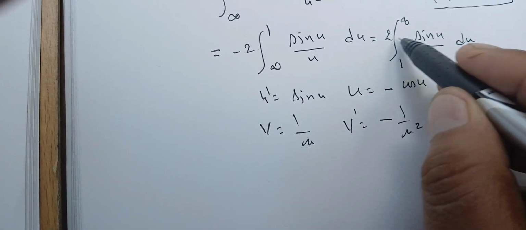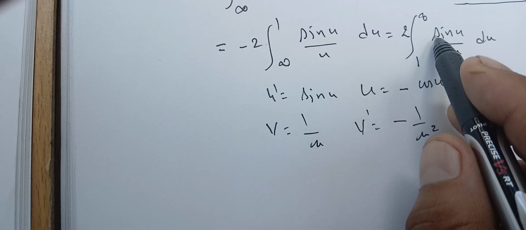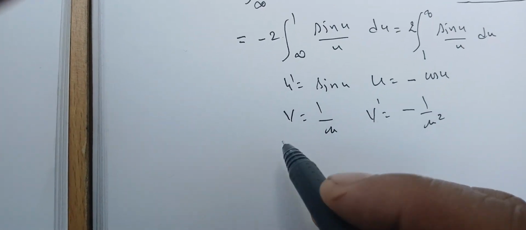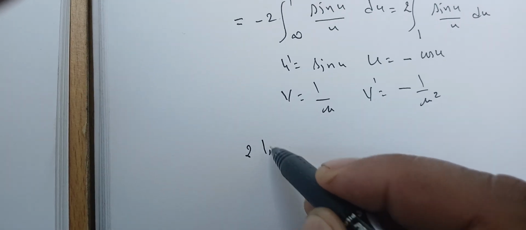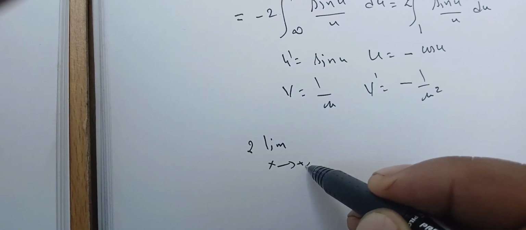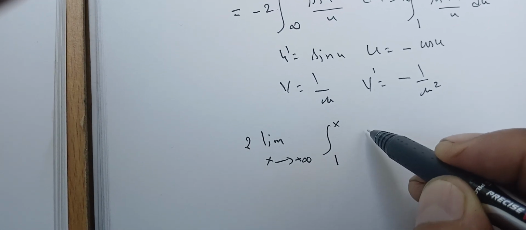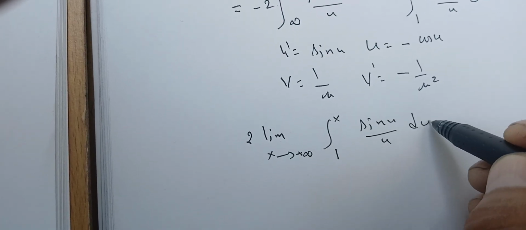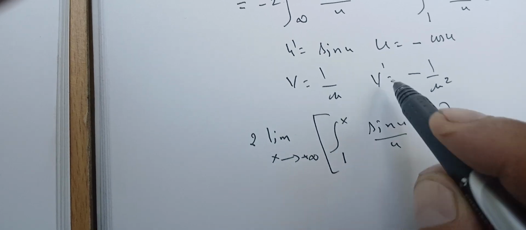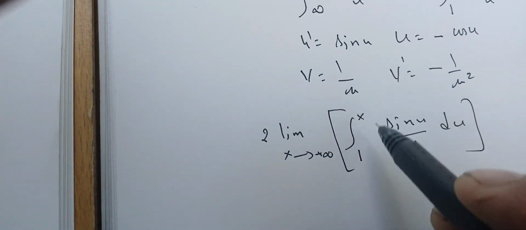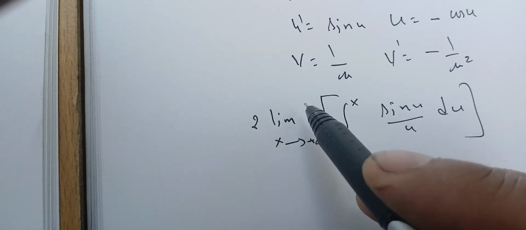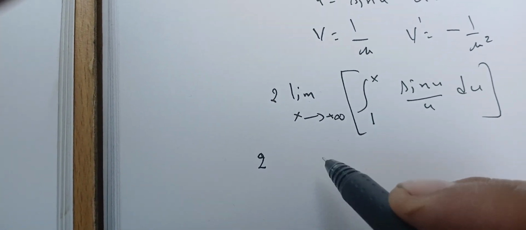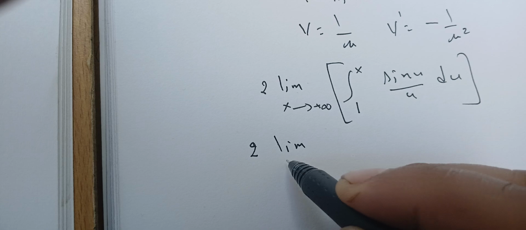Before doing this, I should write this integral as the limit as x goes to infinity of the integral between 1 and x of sine of u over u du. Now I can apply the integration by parts before I take the limit. This is a critical operation before we take the limit.